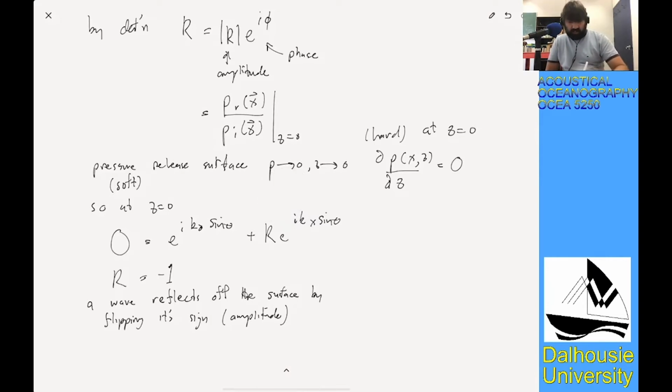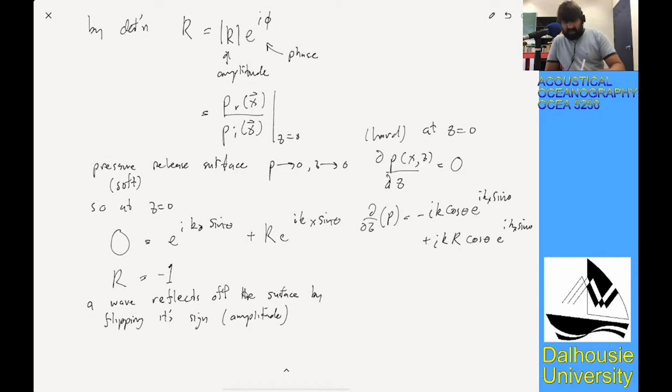So if we calculate that, we're going to have dp/dz equal to minus ik cos θ e^(ikx sin θ) plus ik R cos θ e^(ikx sin θ).